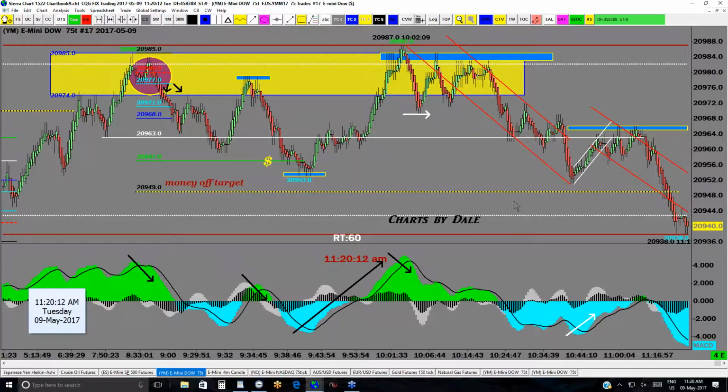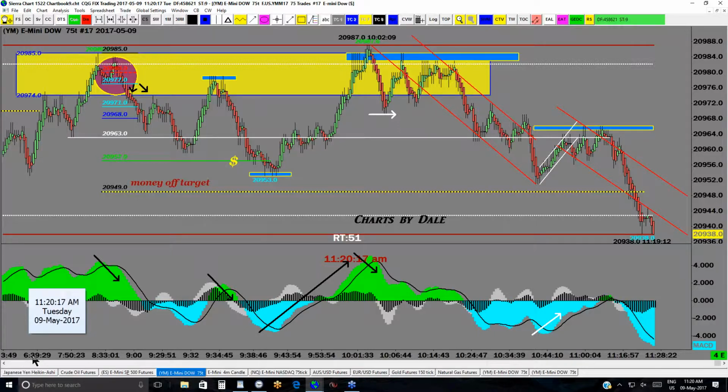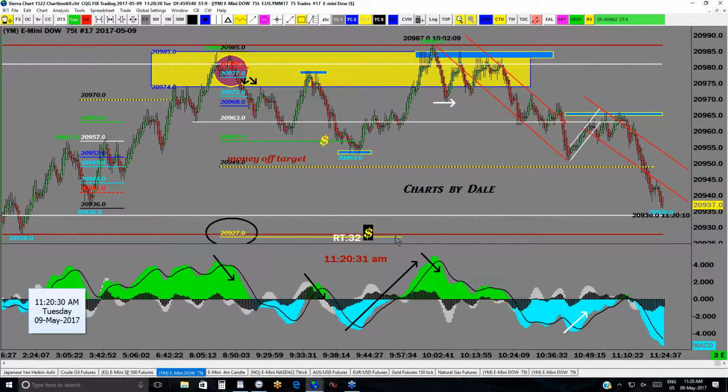We're going to scrunch the chart just a little bit left to right. Get your next target on YM. So we have 20927 is your next target. So the resistance line holding reasonably well.